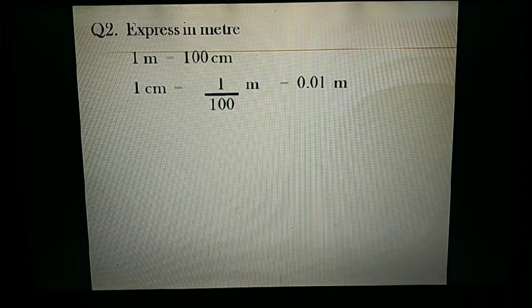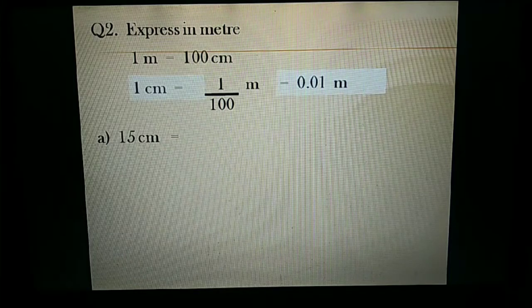Now, 1 centimeter means 0.01 meter. So 15 centimeter. Again, after two digits from the right, we are supposed to put a point to convert centimeter into meter. As per the formula, we will have 0.15 meter.